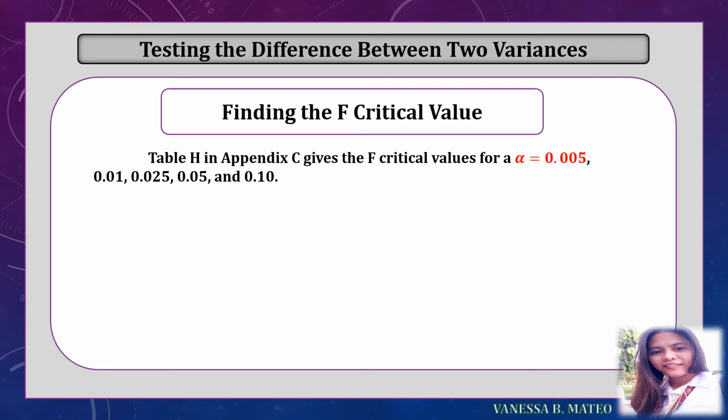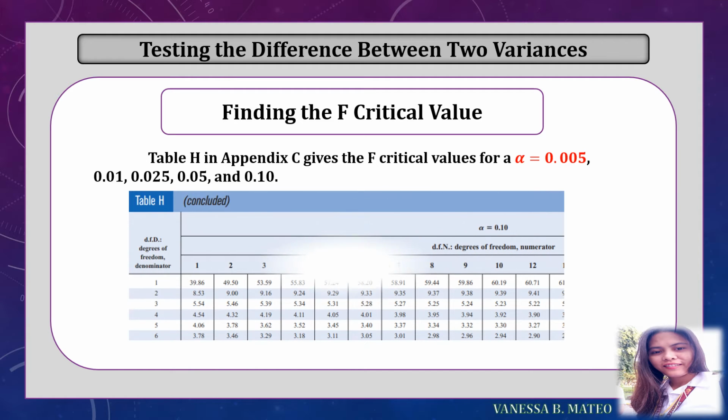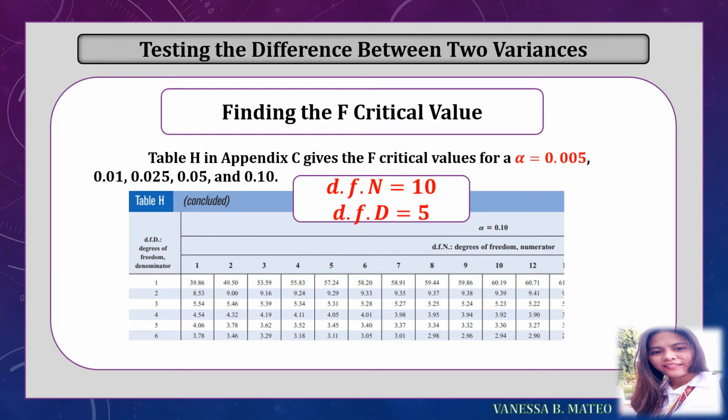For example, we are going to find the F critical value for DFN 10 and DFD 5. So we find column 10 for DFN and row 5 for DFD, and their intersection will be the F critical value, which is 3.30. It is that simple to find the F critical value. But this is only for a one-tailed test.